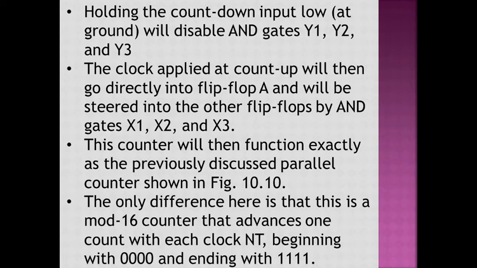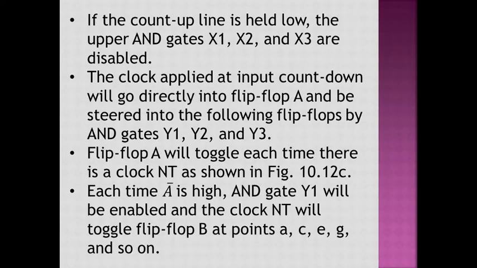The only difference here is that this is a modulus of 16 counter, that is advancing one count with each clock negative transition, beginning with 0000 and ending with 1111. So there are 16 discrete states from 0000 to 1111, and hence it is called a modulus of 16 counter.